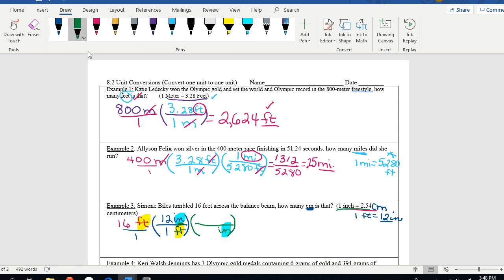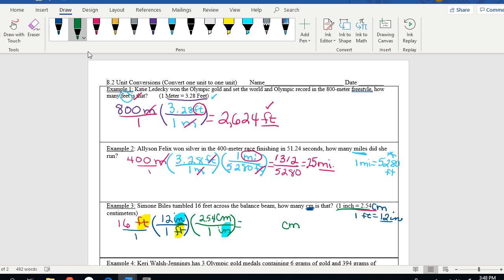So I'm going to go back and I'm going to say, I need to know how many centimeters are in an inch. I have 2.54 centimeters in 1 inch. Okay? Now, look, all my units have canceled and I'm only left with centimeters.